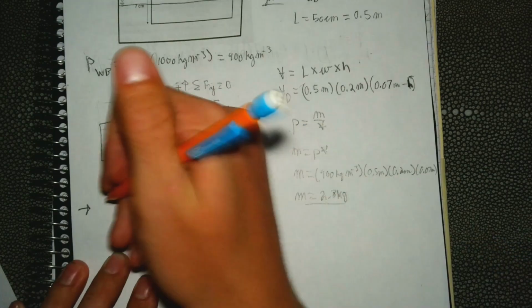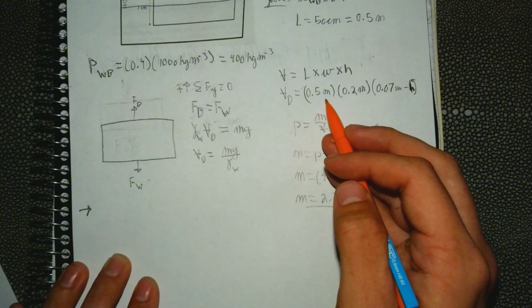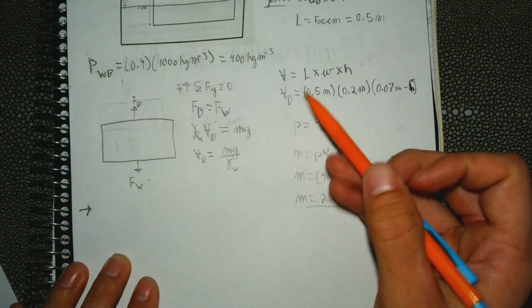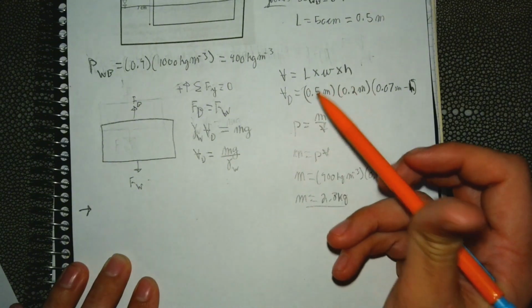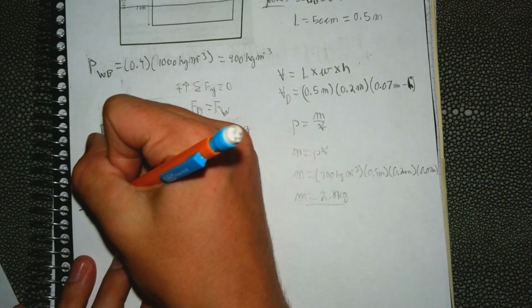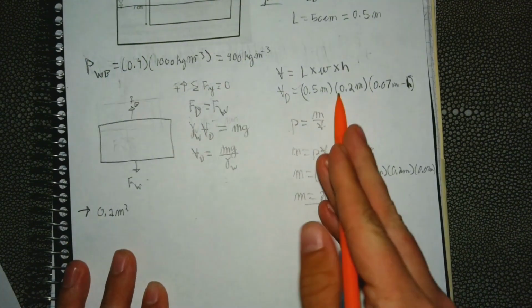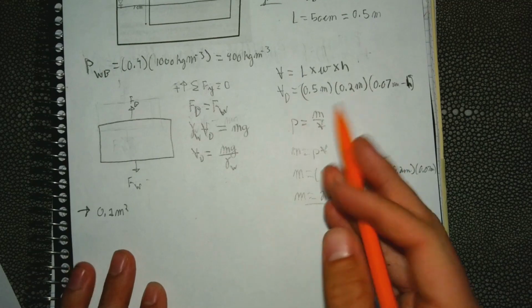I'm going to go ahead and multiply these out. So 5 times 2 is 10, but I have to put that in the calculator. 0.1. Okay, that makes sense. So 0.1 meters squared. All I did was multiply these out real quick instead of writing the full length.